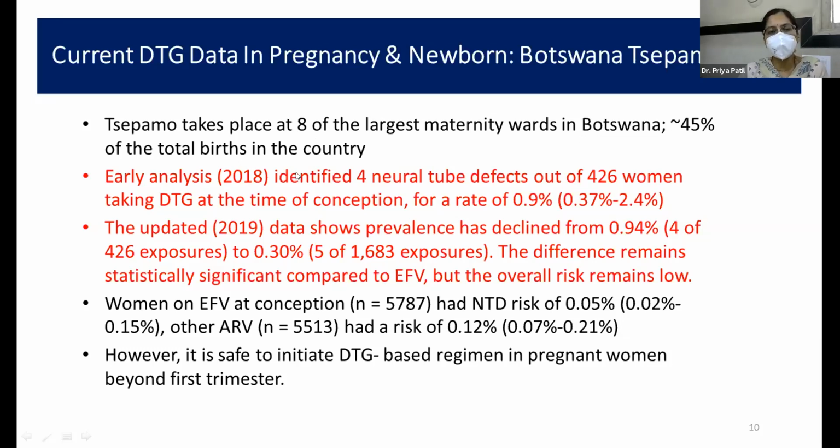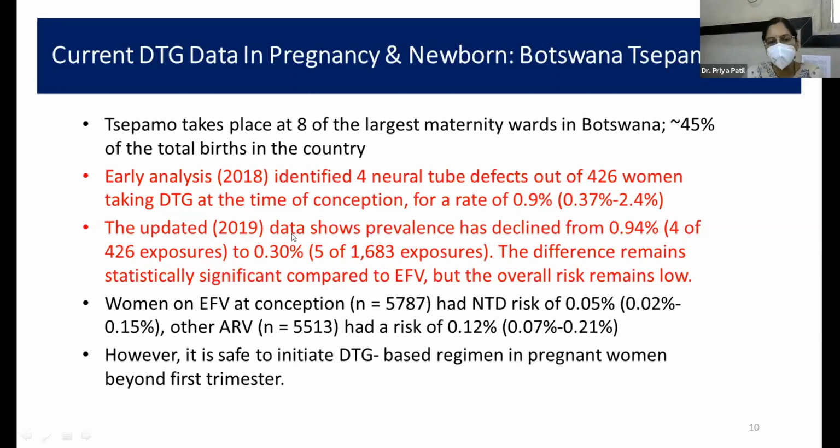In the early analysis done at this site in 2018, they identified 4 neural tube defects out of 426 women taking dolutegravir at the time of conception, for a rate of 0.9%. So at that time, in the early phase, the incidence of neural tube defects was documented to be 0.9%.